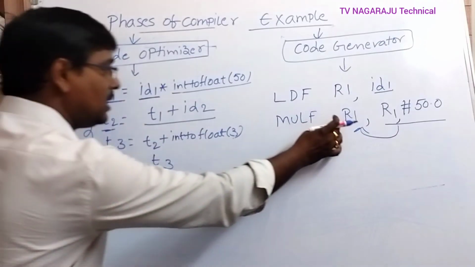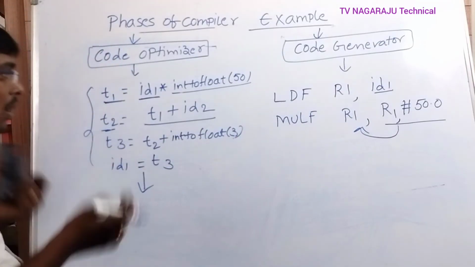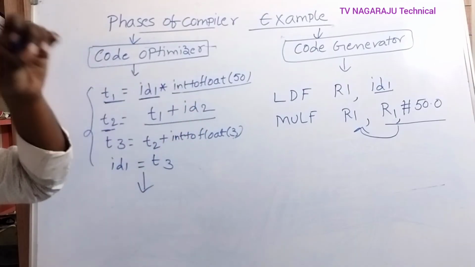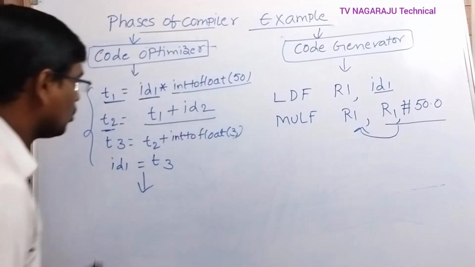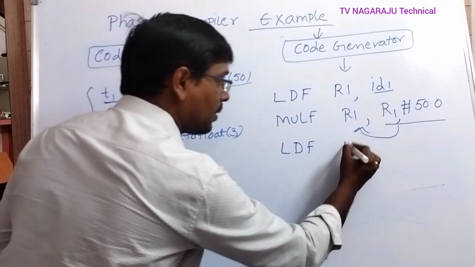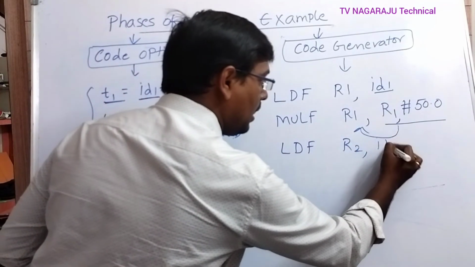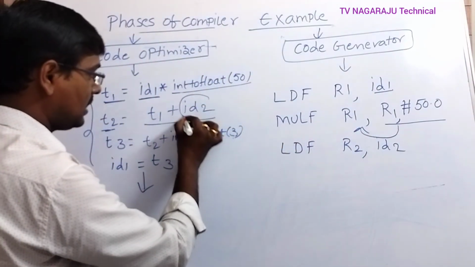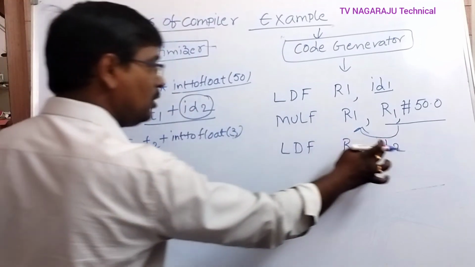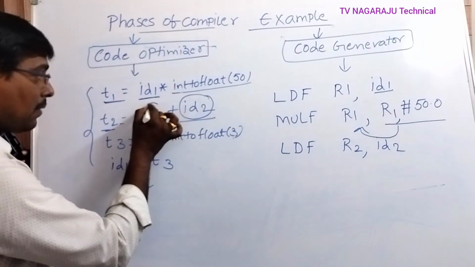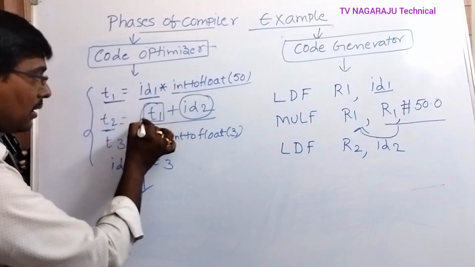This multiplication is completed. Now what to do? You have to store ID2 in some other register, right? Directly the variables is not at all performed. R2 comma ID2. So this operation is completed. ID2 is placed in register R2. Now perform addition between T1.